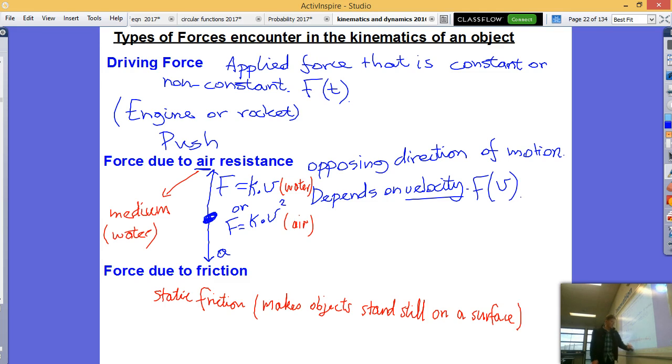Okay, and we have kinetic. So kinetic friction is friction opposing a moving object. It slows down a moving object.